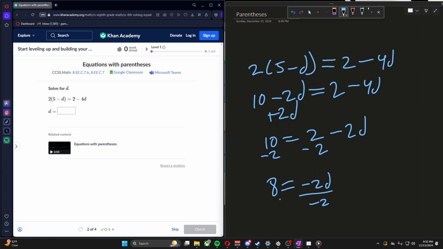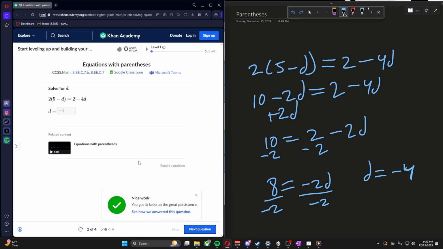Divide by negative 2 to isolate d. And we have d equals negative 4. Because there's only one negative, so it's an odd number of negatives. Sorry, negative 4, get that right.